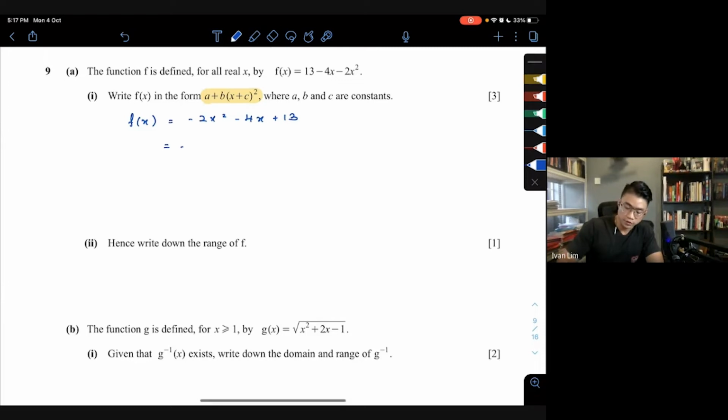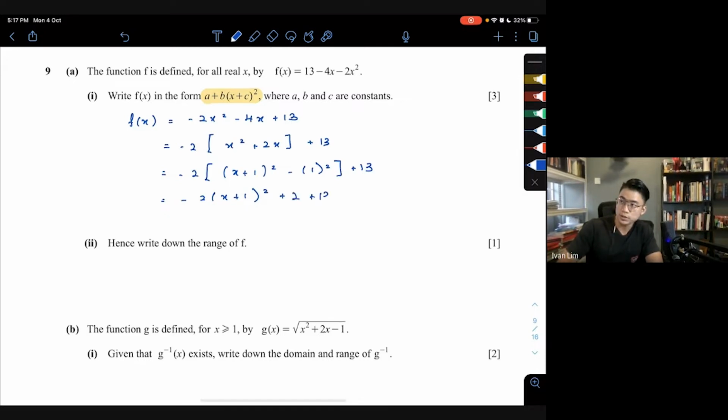Then I factorize. I just factorize from a and b. You can do a, b, and c, it's up to you, but I prefer to do it this way. You will eventually get the same answer. So x plus 1 square minus 1 square plus 13, and then open up the bracket: x plus 1 square plus 2 plus 13.